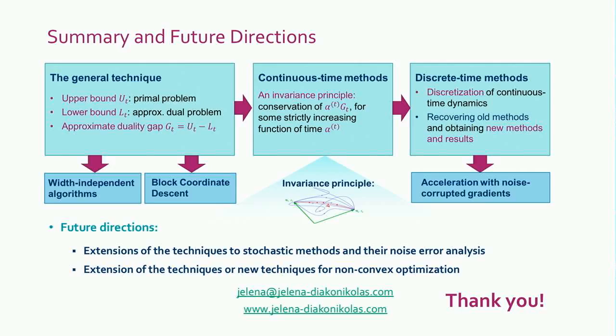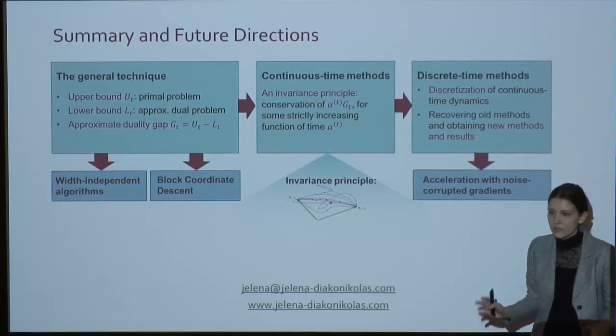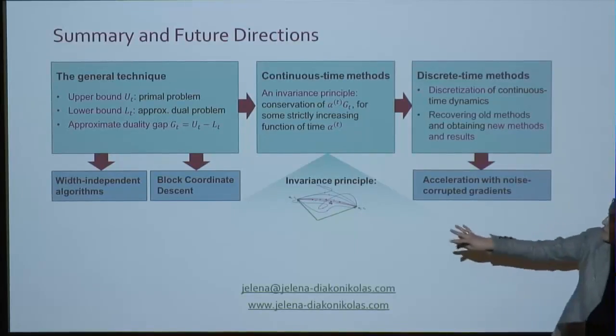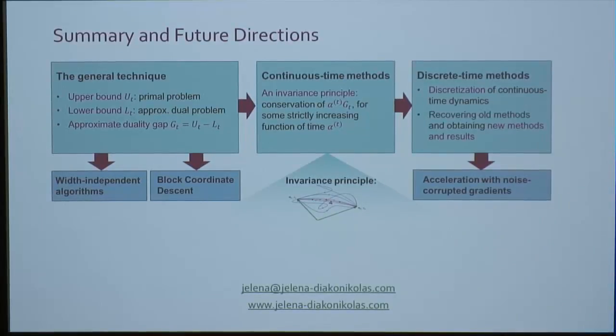So going back to the big picture, what I talked about mainly is this very general technique from which, by enforcing an invariance principle, we get many methods in continuous time. From there, through discretization, we can both get known methods and new methods, and we can apply it to non-traditional settings.